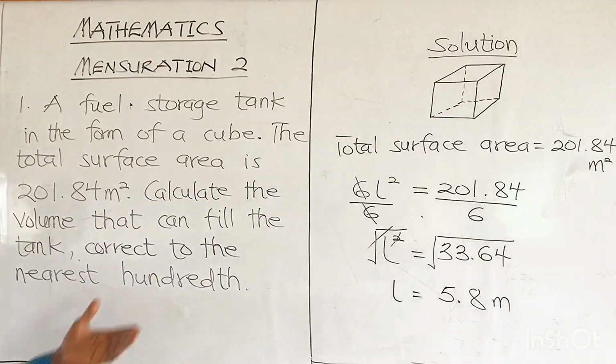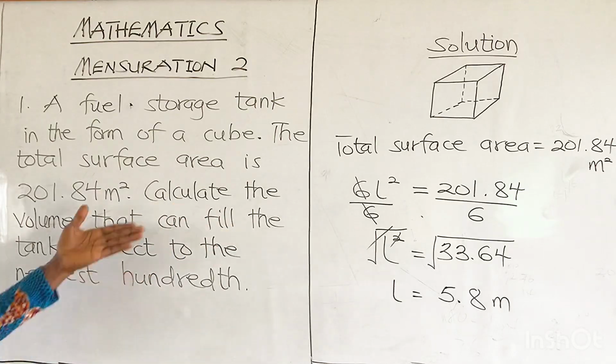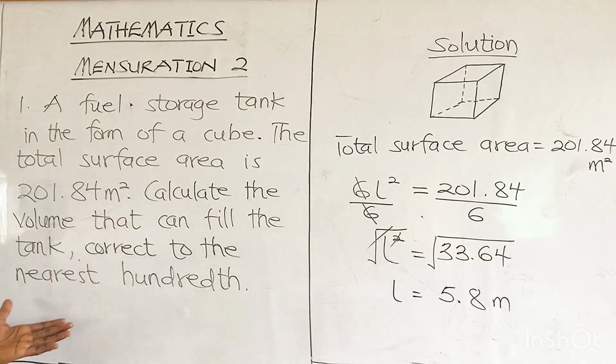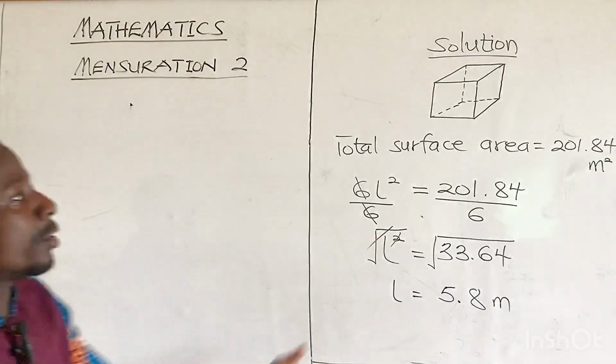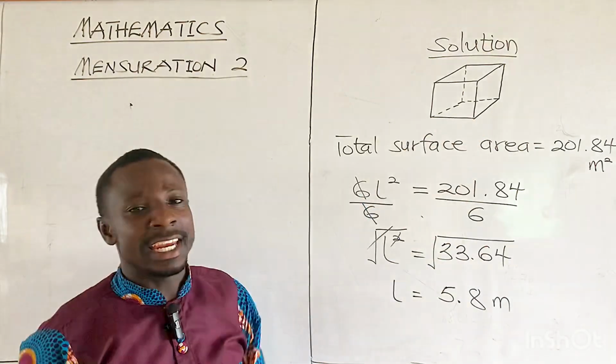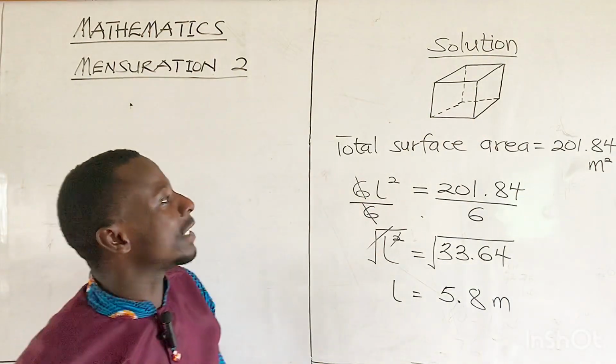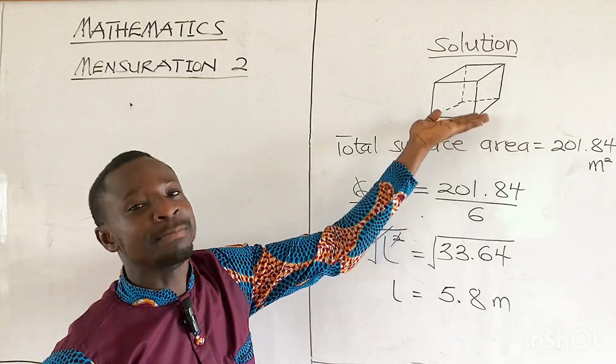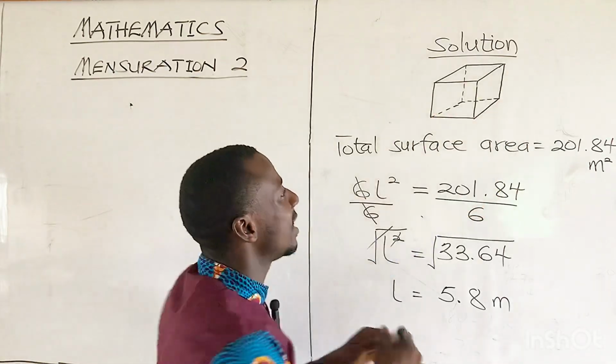Now the question said we should calculate the volume that can fill the tank. So we need to calculate the volume of a cube. If you want to find the volume for any prism, it's always equal to the area of its base times the height.